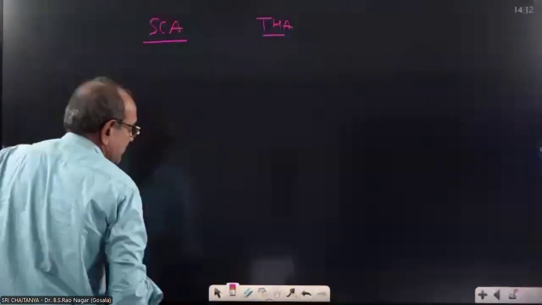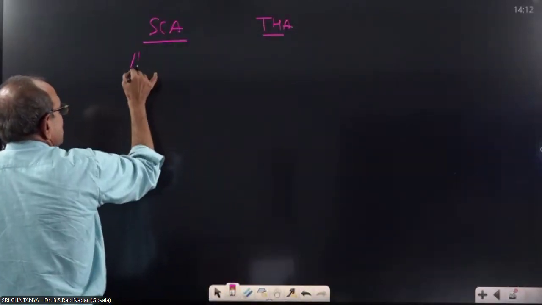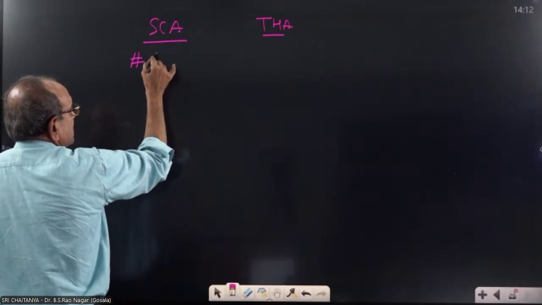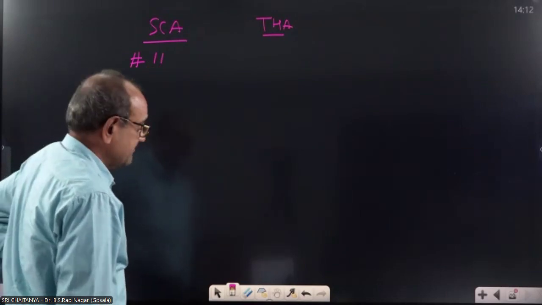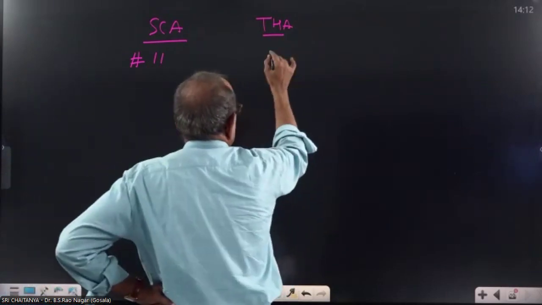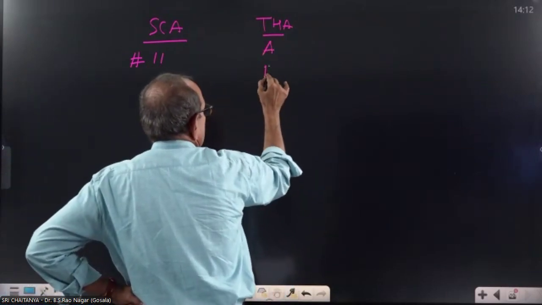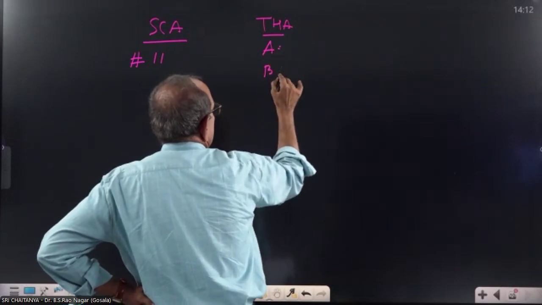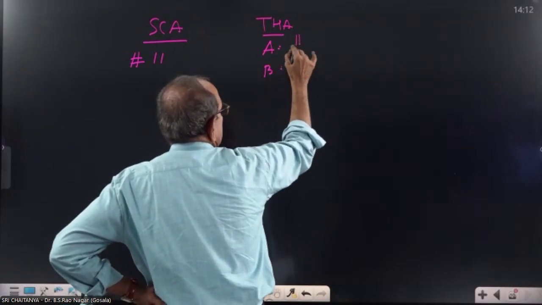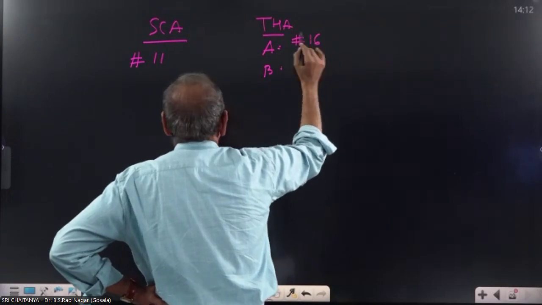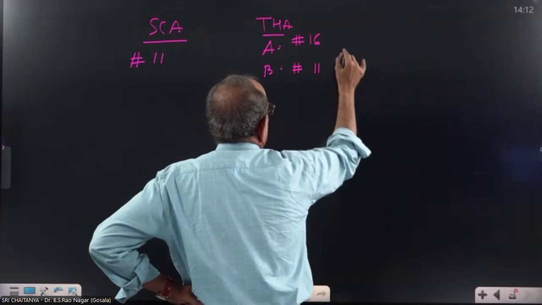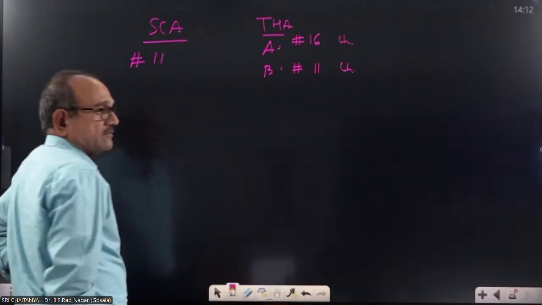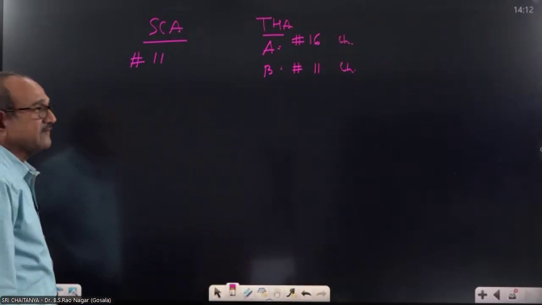In sickle cell anemia, the gene present on the 11th chromosome is affected. Thalassemia has two kinds, alpha thalassemia and beta thalassemia. Alpha thalassemia genes are located on the 16th chromosome, beta thalassemia on the 11th chromosome. These genes get affected.